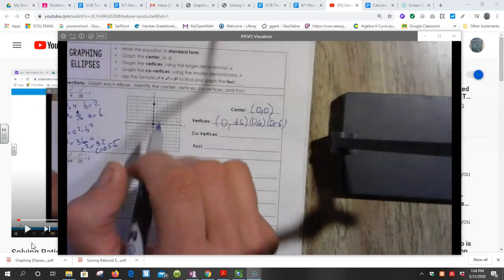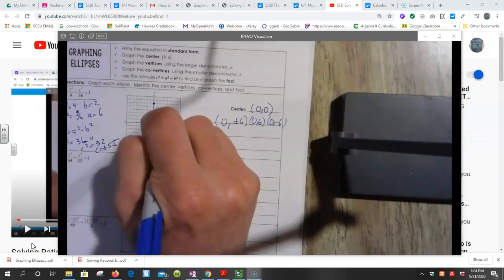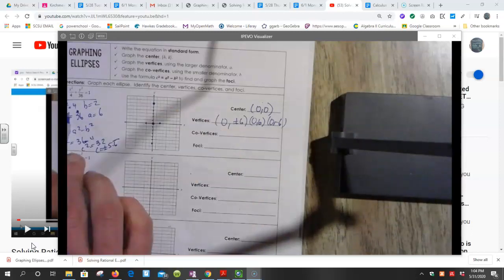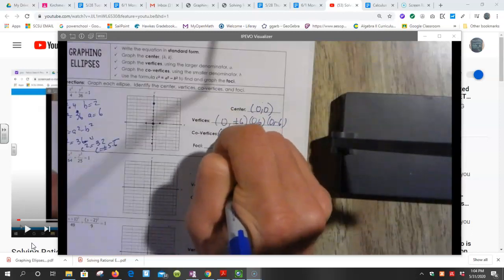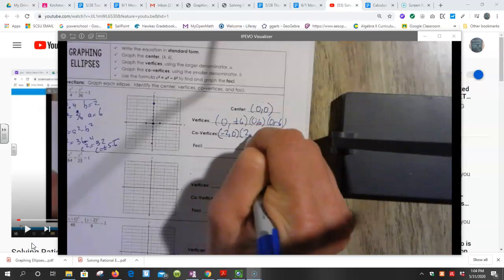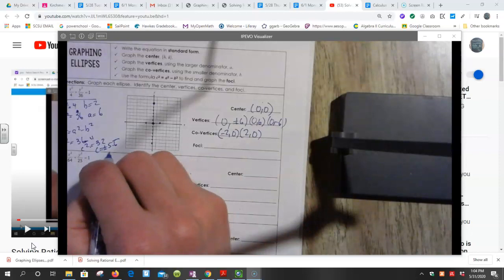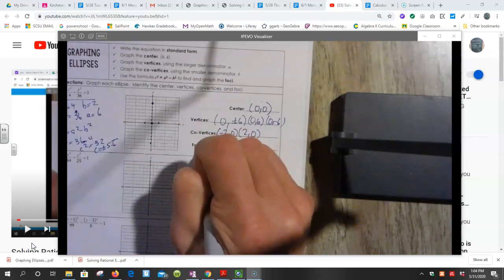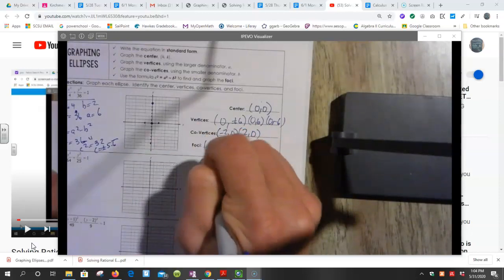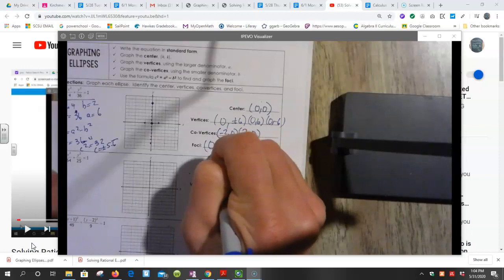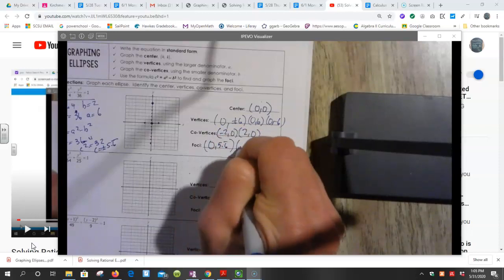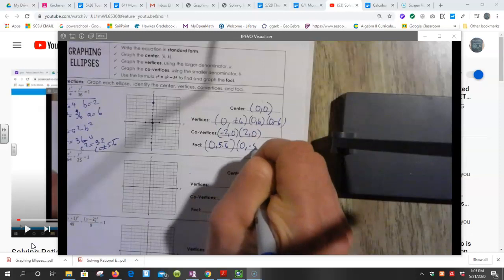So the covertices are going to be 2 and negative 2, because b is 2 and negative 2, so our covertices are (negative 2, 0) and (2, 0). And the foci, we just found c, so they are going to be (0, 5.66) and (0, negative 5.66).